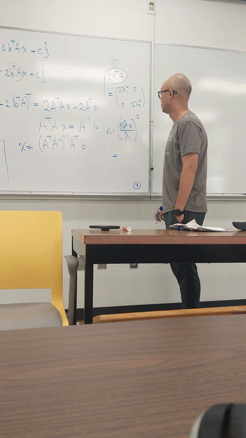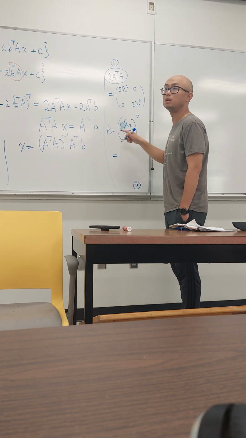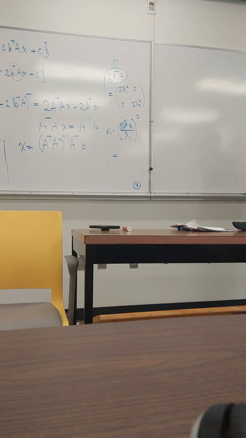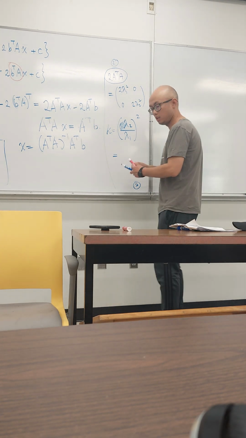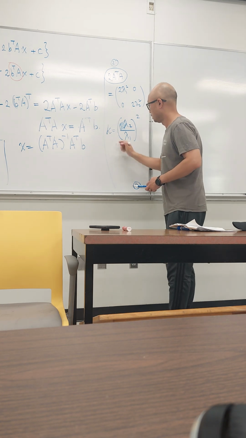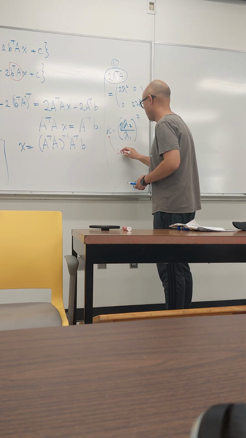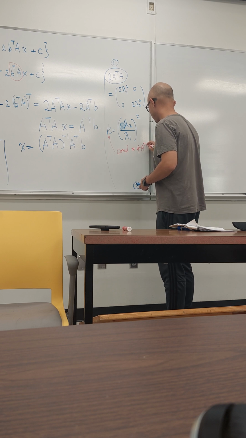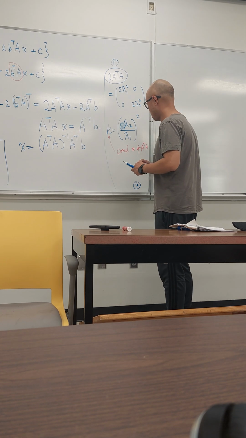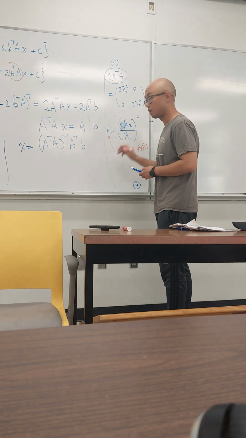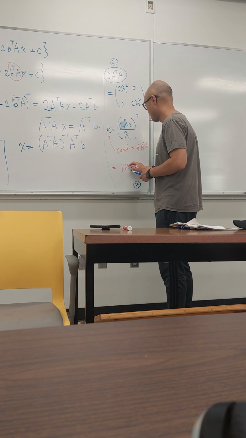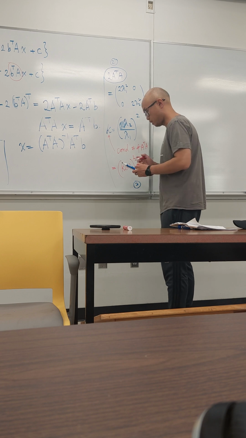Why is it squared? Condition number is defined by the ratio. So let me write this down. This is the condition number of A transpose A, and this equals kappa of A squared.